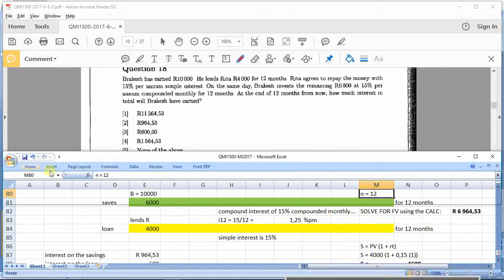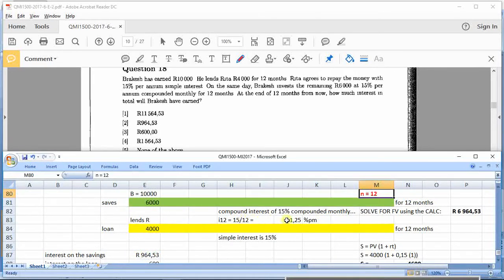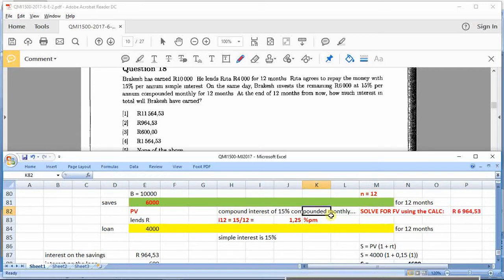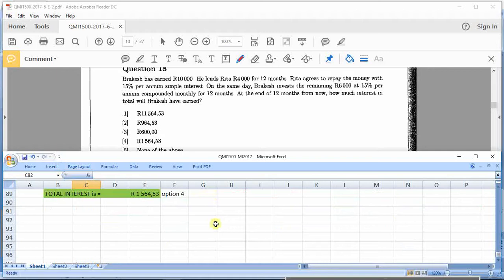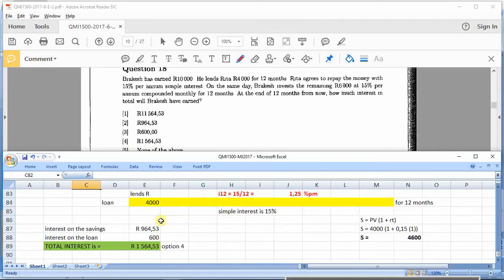There's N, there's your I, there's your PV. Solve for your FV. So, question 18 is option 4.